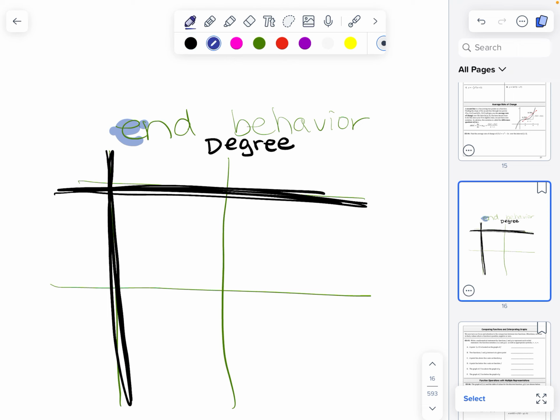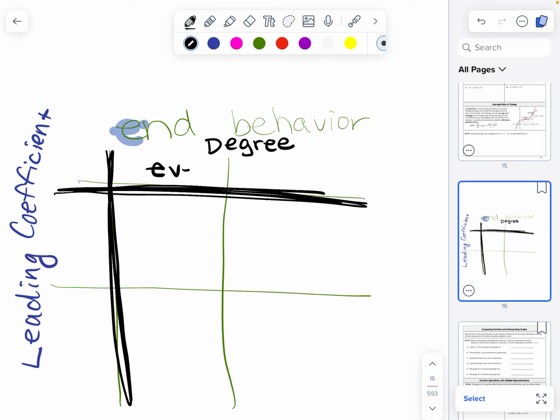On the side here, we're going to compare the types of leading coefficients. So that's the value in front of that term with the highest degree. Okay, so in comparing degrees, you can either have an even degree, so that would be like a power of 2, 4, 6, 8, and so on, or an odd degree, which could have a power of 1, 3, 5, 7, and so on. You could have a positive leading coefficient, or you can have a negative leading coefficient.